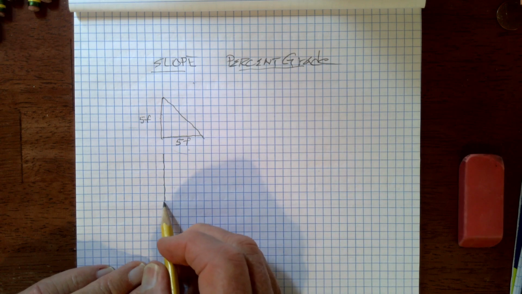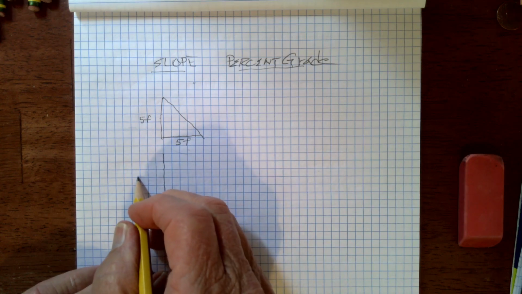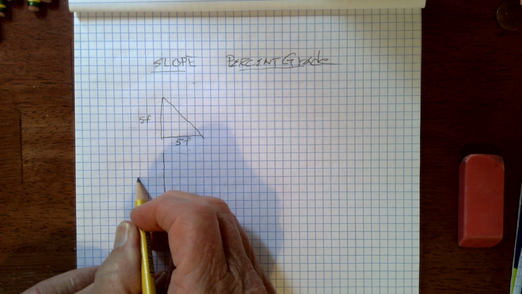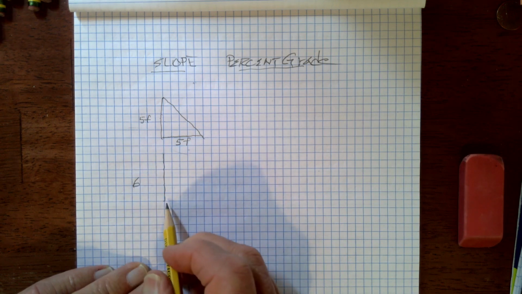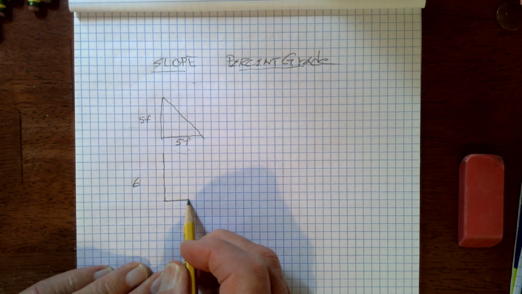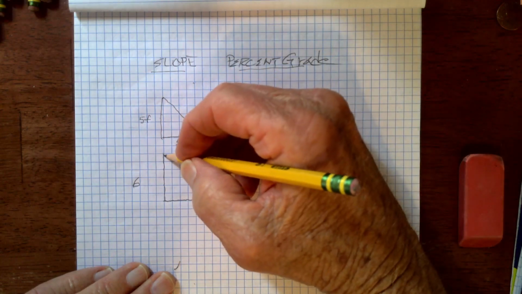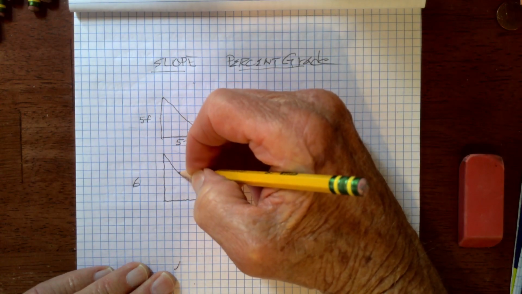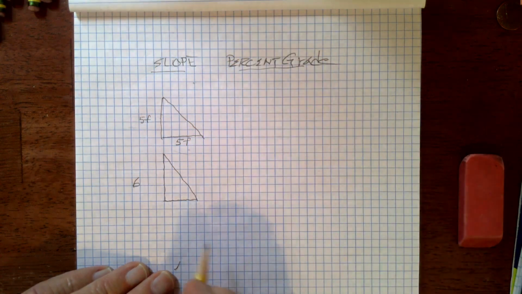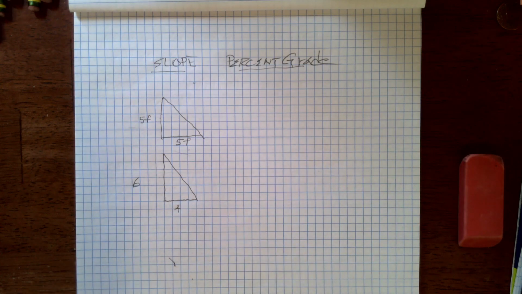And let's say that its vertical distance is 6, and horizontal is 1, 2, 3, 4. Now you can tell by looking that's a pretty steep slope, right? And this is 4. Now then, if it's 6 to 4, what can we do with that?